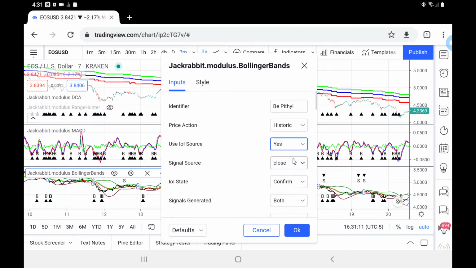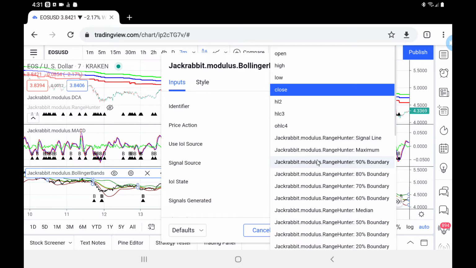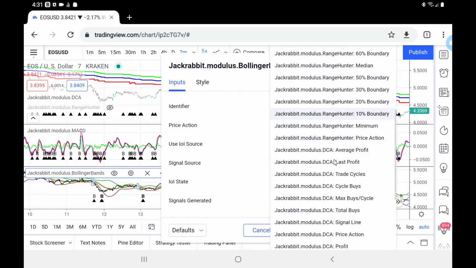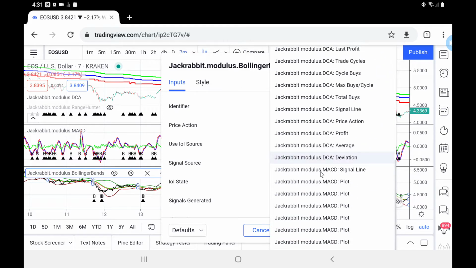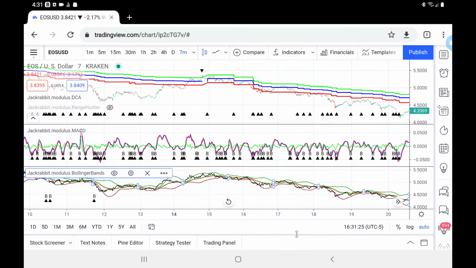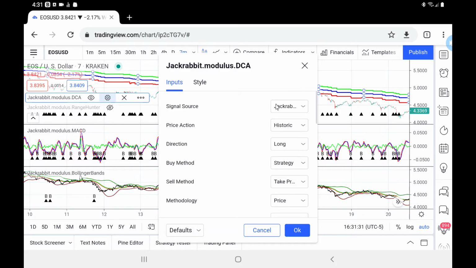So now let's link this to MACD. Here we are, the MACD signal line. And now let's link the DCA module to the Bollingers.